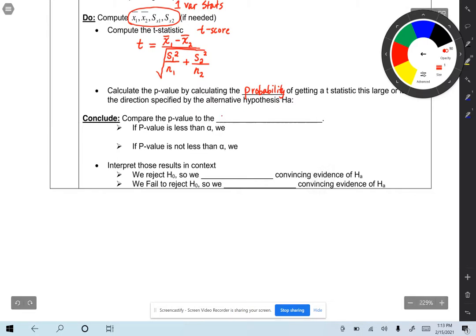Compare the p-value to your significance level. Once again, if the p-value is less than alpha, we reject the null hypothesis. If the p-value is not less than alpha, we fail to reject the null hypothesis.